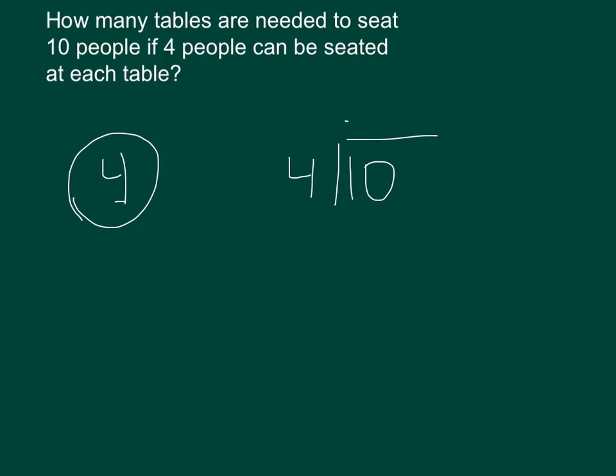So again, numbers are pretty basic to start out just so we understand the concept. If we take the 10 divided by 4, we would get 2, and we would get 2 left over. So, well, what does this mean? This means that with 4 people at each table, and 10 total people, we could make 2 full tables of 4.